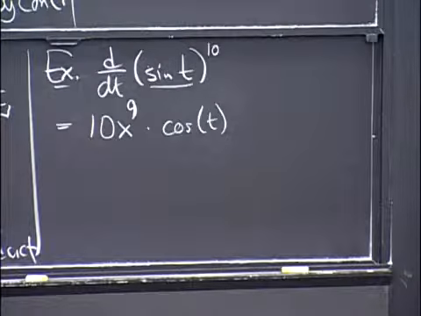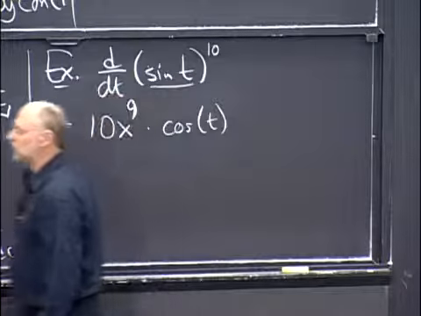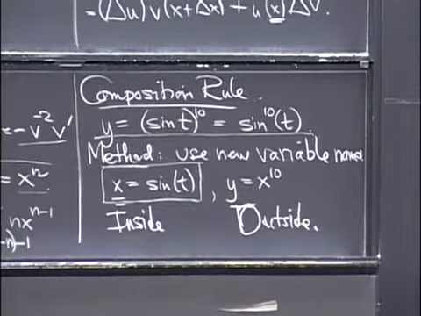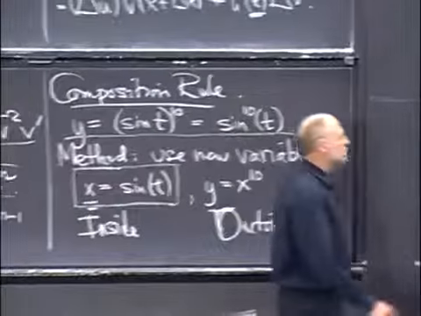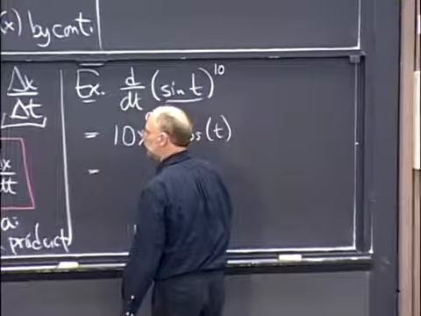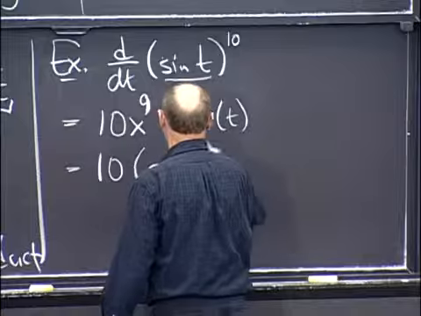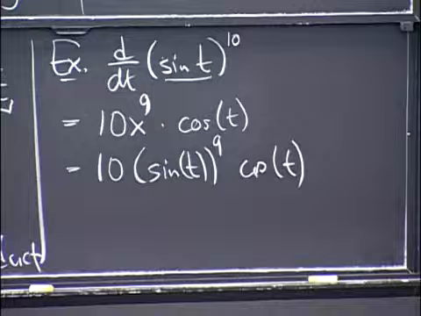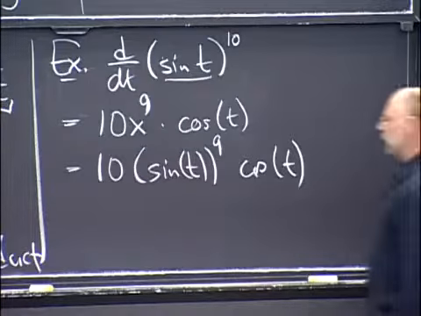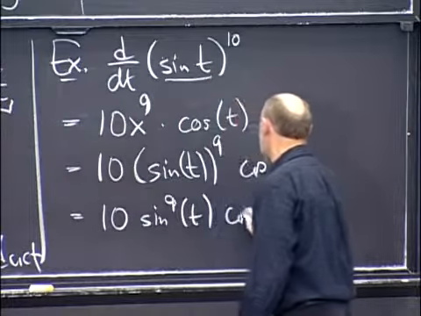This is correct, but since we were the ones to introduce this notation x here, that wasn't given to us in the original problem, the last step in this process should be to substitute back in what x is in terms of t. So x was sine of t, so I get 10 times sine of t raised to the 9th power, that's x to the 9th, times the cosine of t, or what's the same thing, 10 sine to the 9th of t, cosine of t.